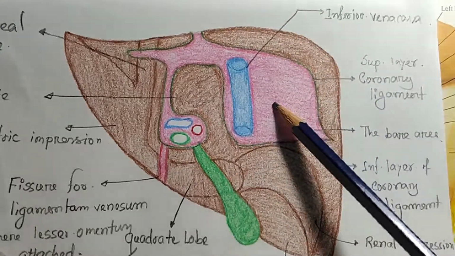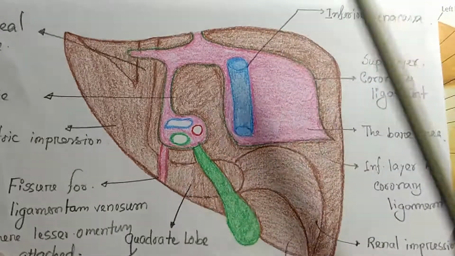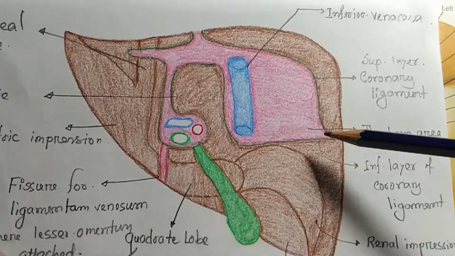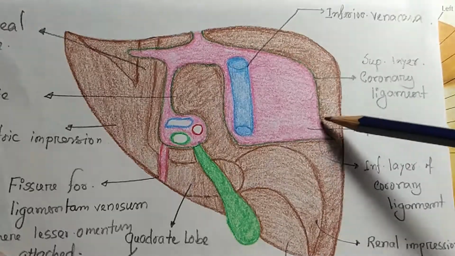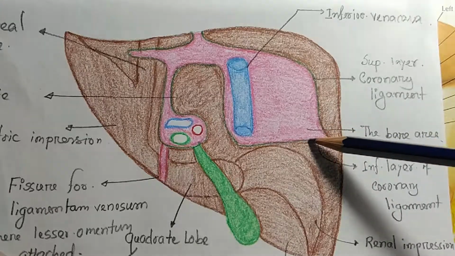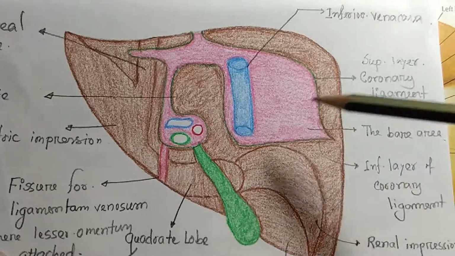So the Bare area is non-peritoneal. The Bare area has some boundaries. The apex is present on the right side, and the apex is denoted by the right triangular ligament.